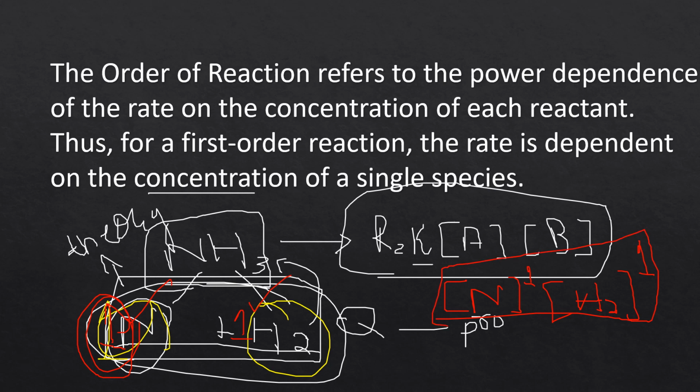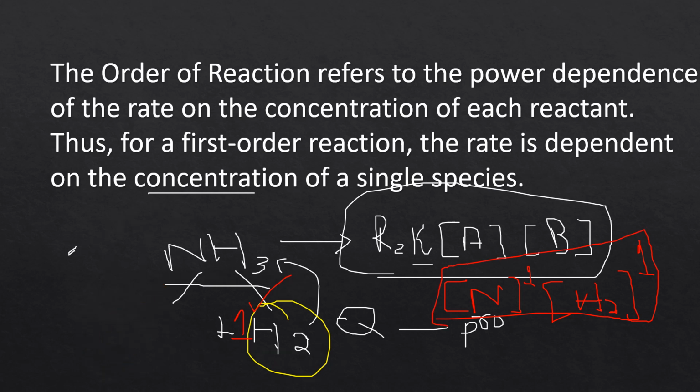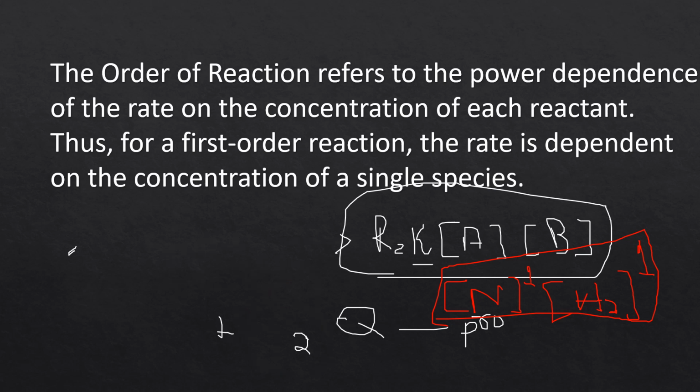Let me remove it first, and then I'll write it properly. Okay, so we do have sufficient space now. Let's transfer it here. R is equal to K. Now here the K also depends upon what? It depends upon the practical experiment.